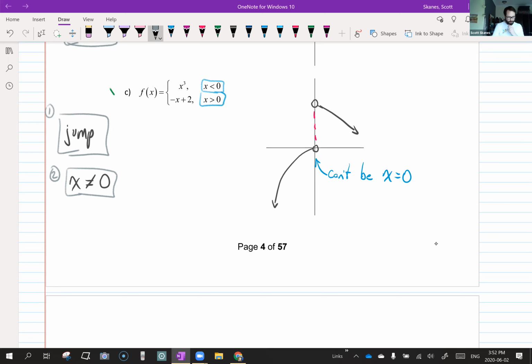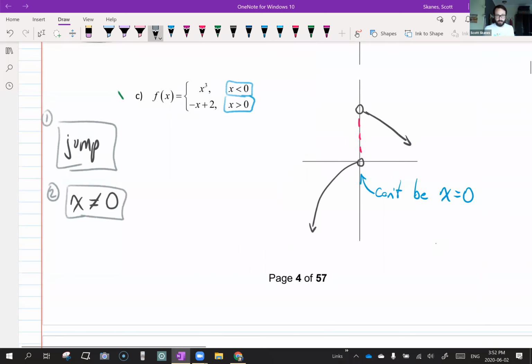This question, okay. So let me just try to make it as clear as I can, okay? Follow me here. The function, it's in two pieces. When x is less than 0, it looks like x cubed. So when x is less than 0, it's going to be this function, okay? That's the left side of the function.